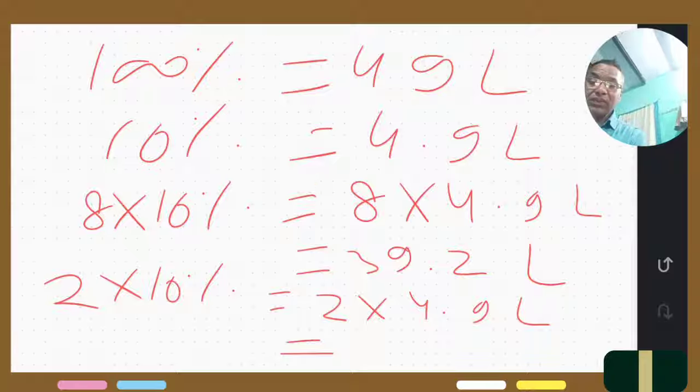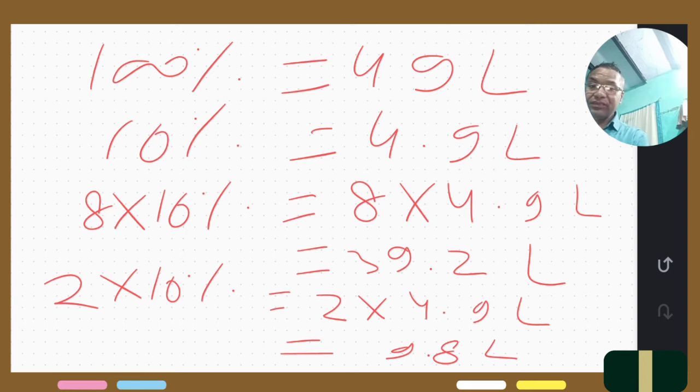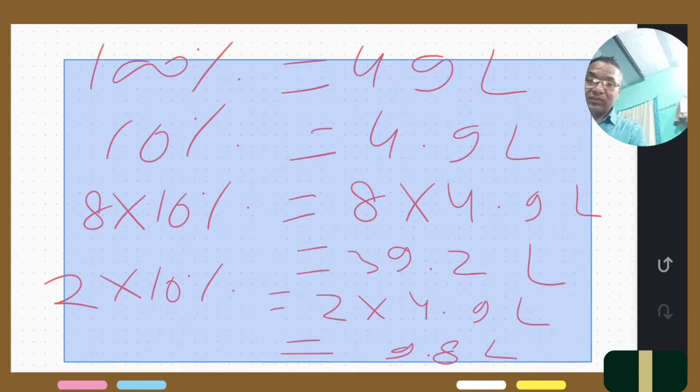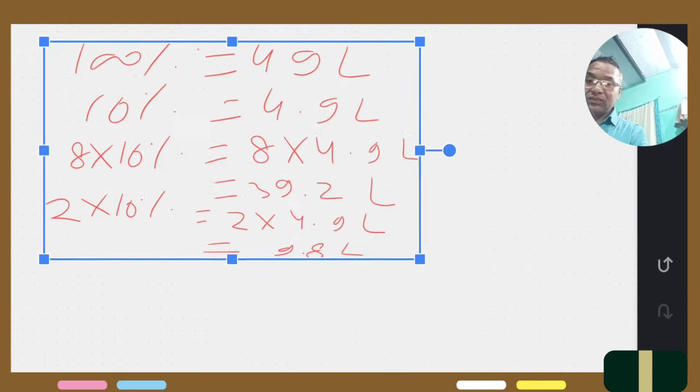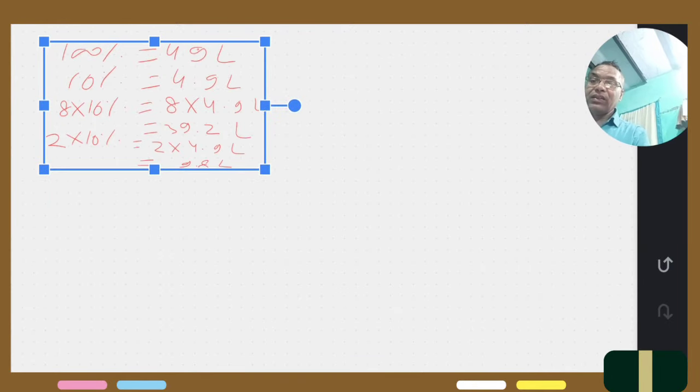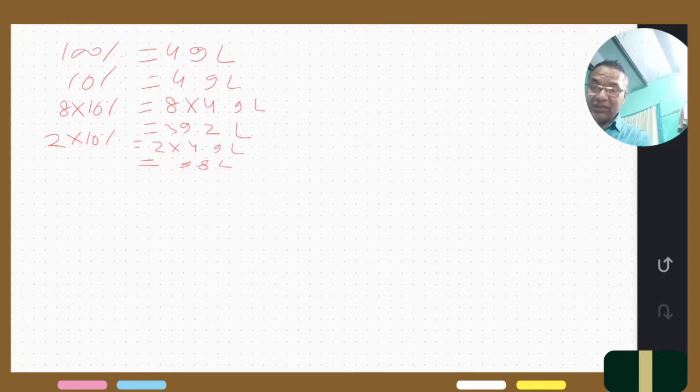That will become equal to 9.8 liters. So from this things become easy.